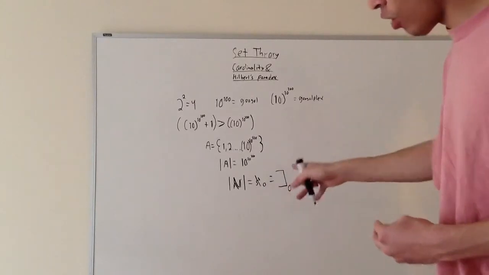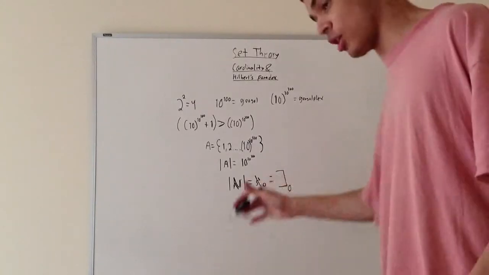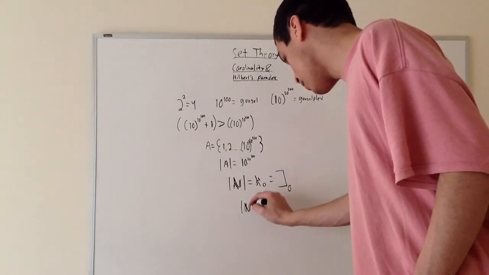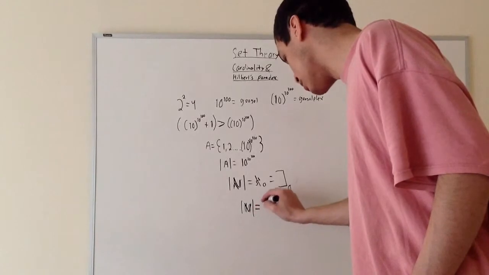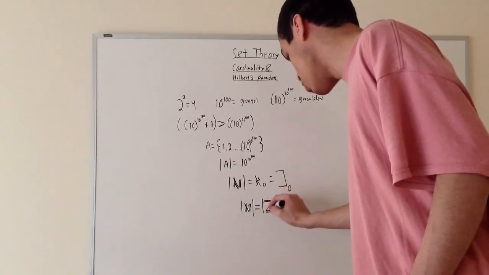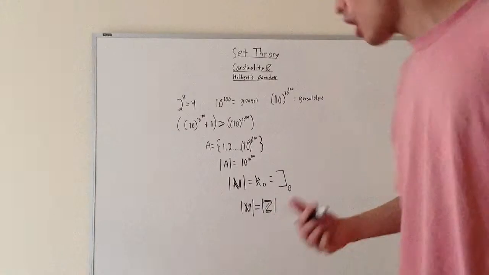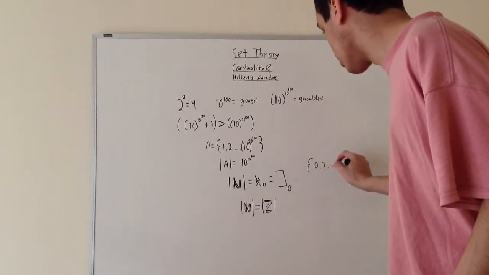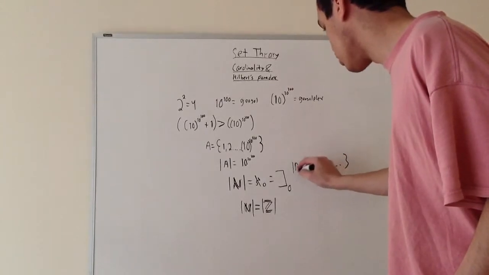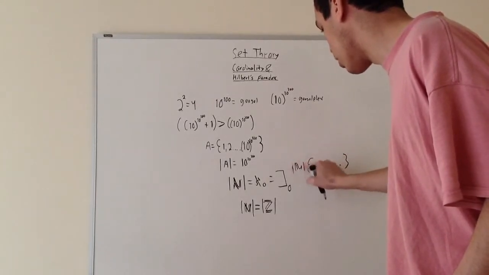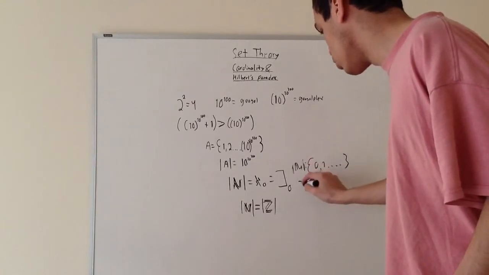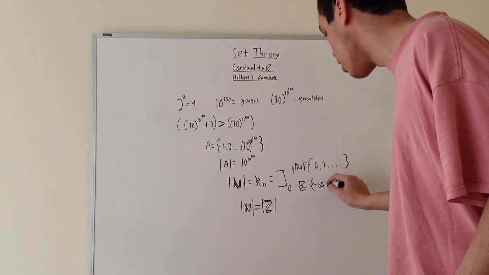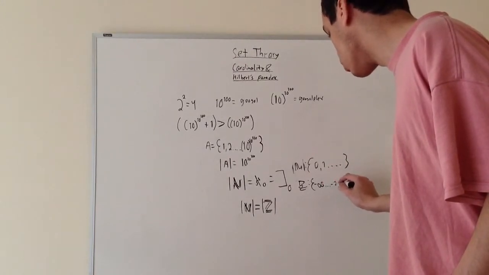What's interesting, which I'll touch on in the next video, and this is a spoiler alert, is that the size of the naturals is actually exactly the same size as that of the integers. You may be thinking I'm crazy, but the naturals are just 0, 1, and so on, and then the integers are all of that, but also the negatives, going out to negative infinity, all the way to -2, -1.